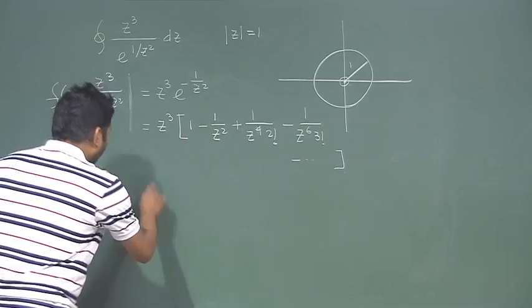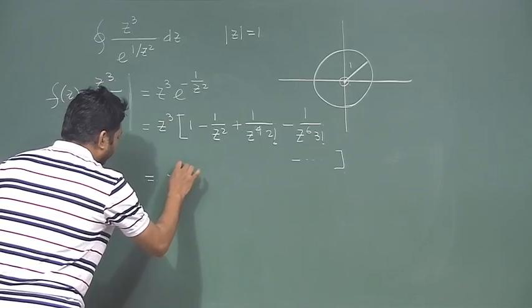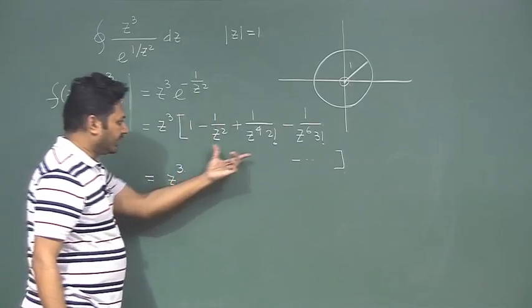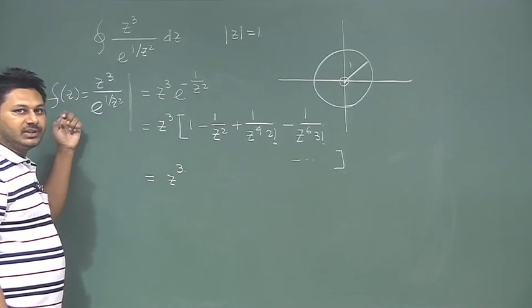And now, if I simplify this, the first term will be z cubed, because this is the expansion of e to the power minus 1 by z squared, but I am trying to find the expansion of the full function f(z).